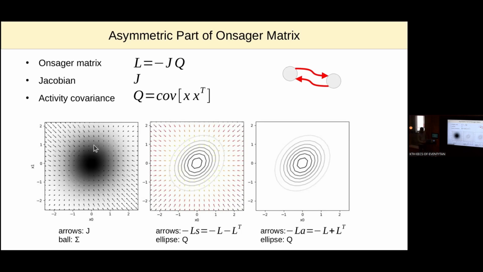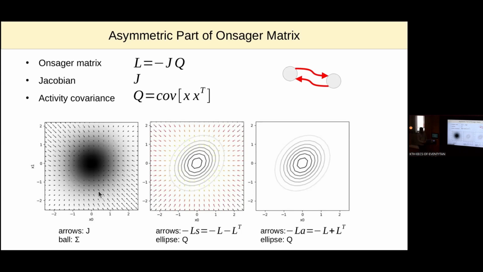So this blob here in black corresponds to the shape of the input variance. Here the two nodes, x0 and x1, receive the same variance. So you've got a spherical blob. So it's a Gaussian here.